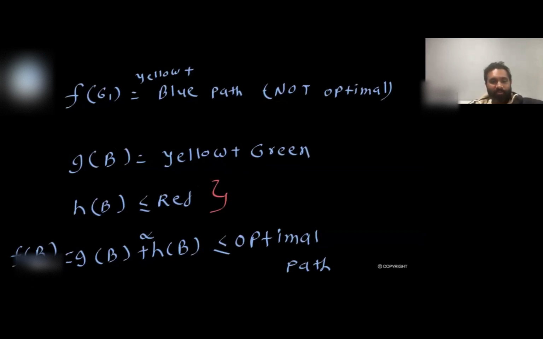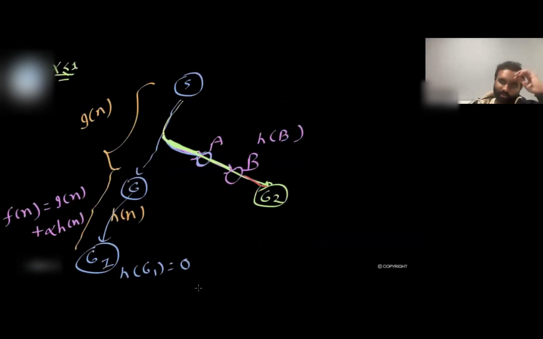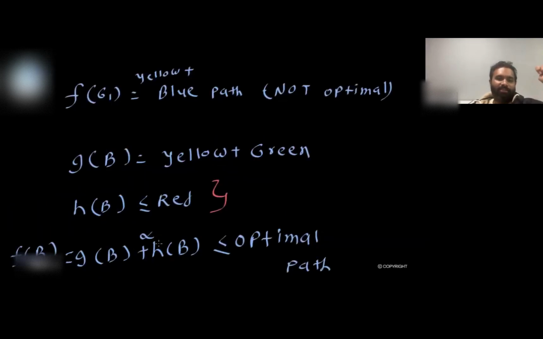But let's say alpha is some other value, say 1000. Then can you argue the same thing? Then you can have some approximation bound. Let's say here alpha is not less than 1. So first of all, FB is not less than or equal to the optimal path if alpha is strictly greater than 1.